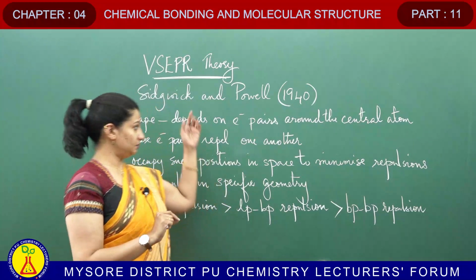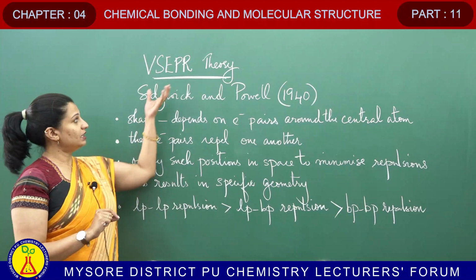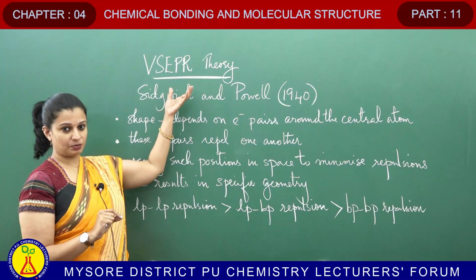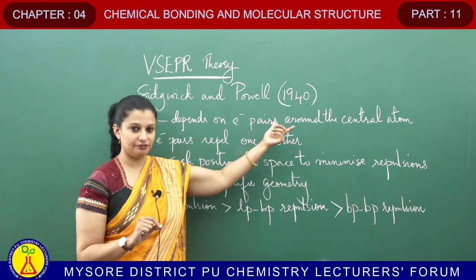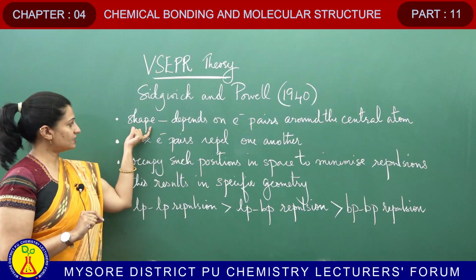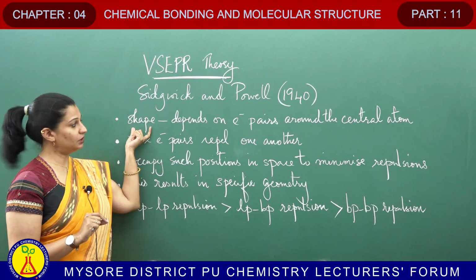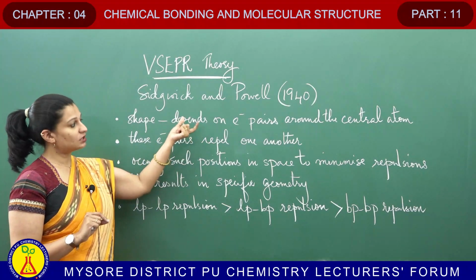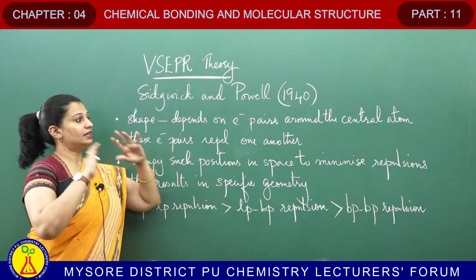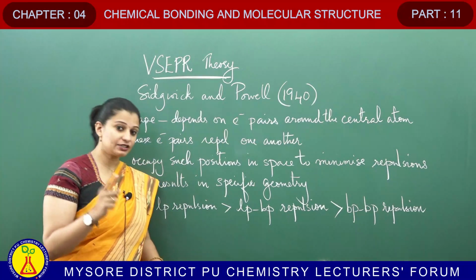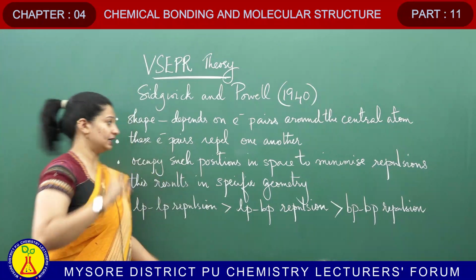So I will explain point wise again. VSEPR theory was proposed by Sidgwick and Powell in the year 1940. As I said, the shape of a molecule depends on the electron pairs around the central atom. There will be a central atom and that central atom will have electron pairs in its valence shell.